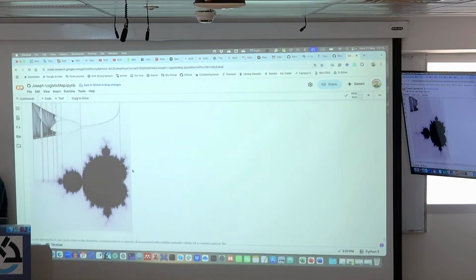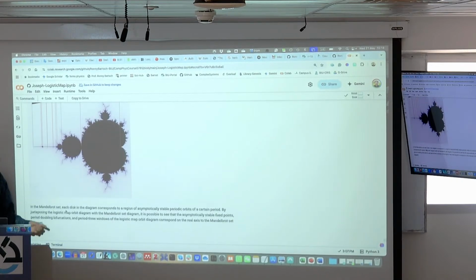And now we put in another Mandelbrot set. Each disk in the diagram corresponds to the region of the stable periodic orbits of a certain period.